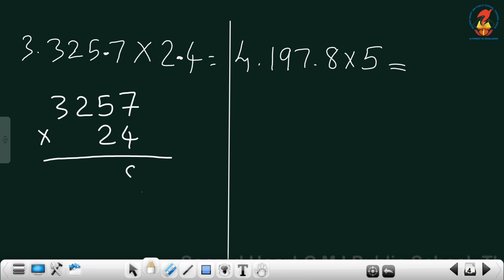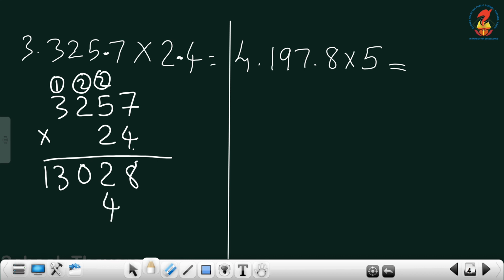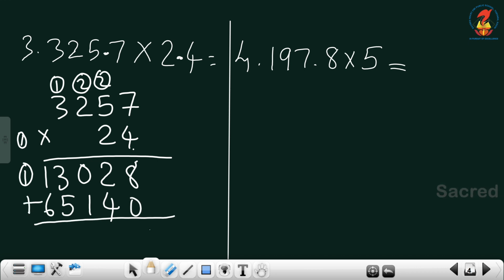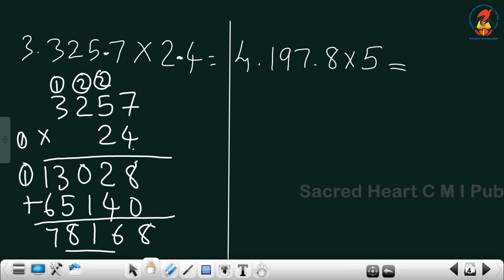And 7 fours are 28, 2, 5 fours are 20, 20 plus 2, 22, 2, and 2 fours are 8, 8 plus 2, 10, 1, and 3 fours are 12, 12 plus 1, 13, and 7 twos are 14, 1, 5 twos are 10 plus 1, 11, 1, then 2 twos are 4, 4 plus 1, 5, then 3 twos are 6. Okay, and after that you add 6, 1, 8, 7.